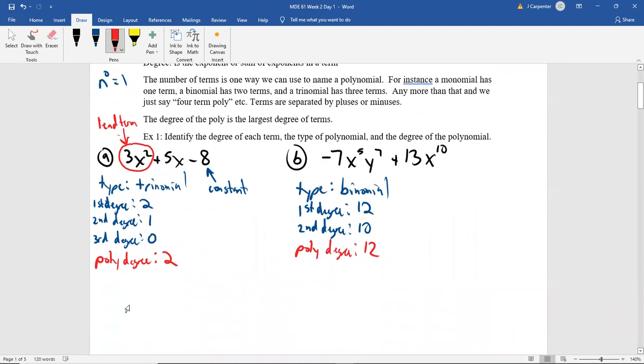Okay. So let's talk about how to add or subtract like terms.